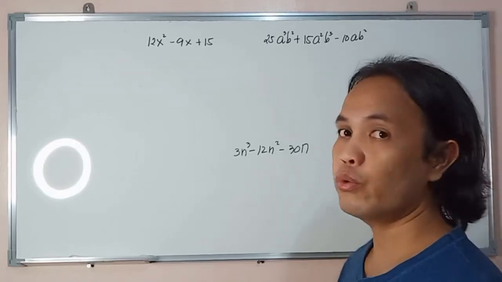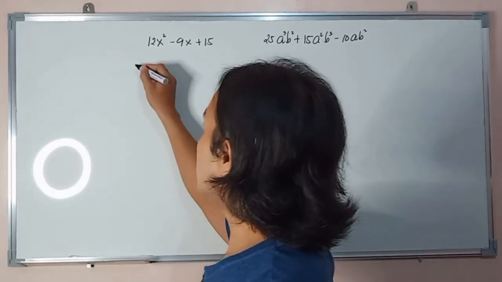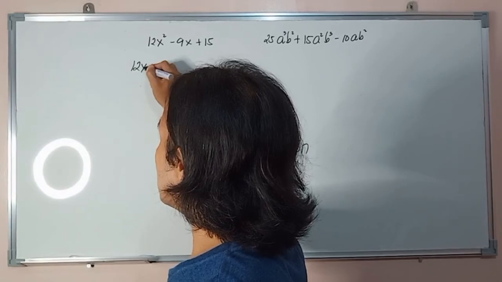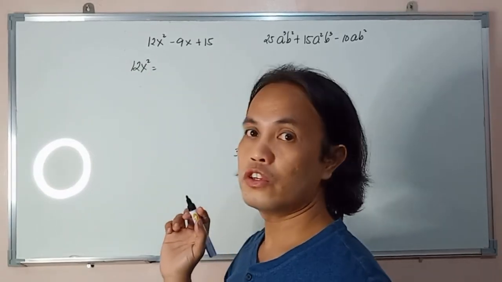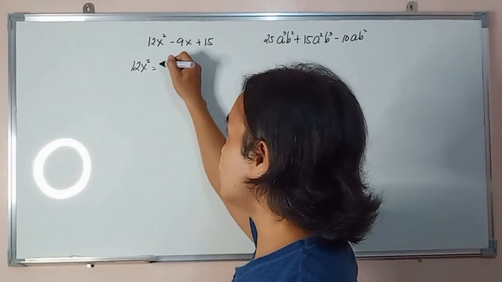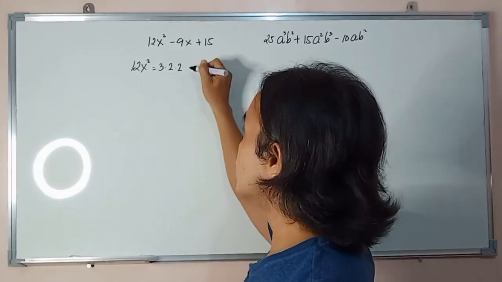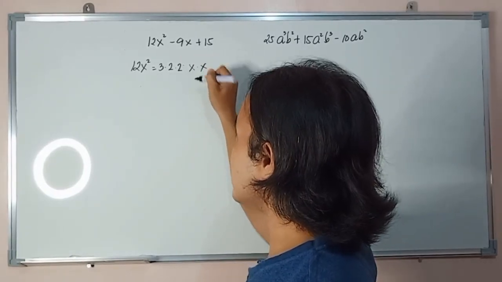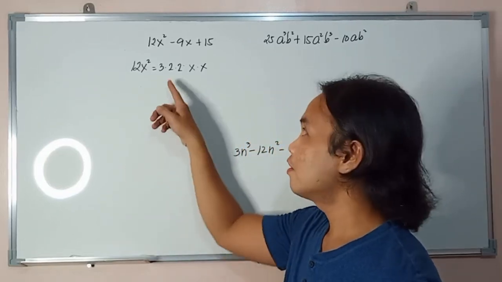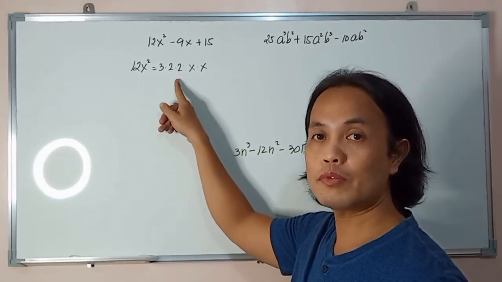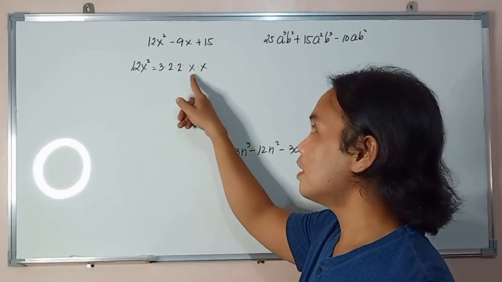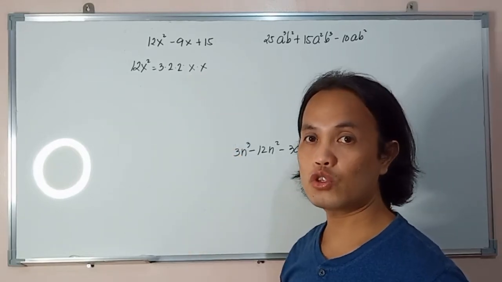So let's start with the first term, which is 12x squared. So prime factorizations, we can have 3 times 2 times 2 times x times x. 3 times 2 is 6. 6 times 2 is 12 times x, that is 12x squared.